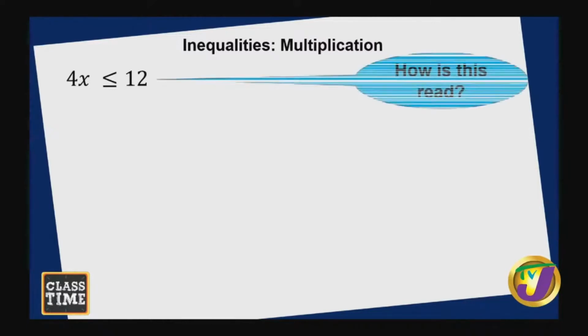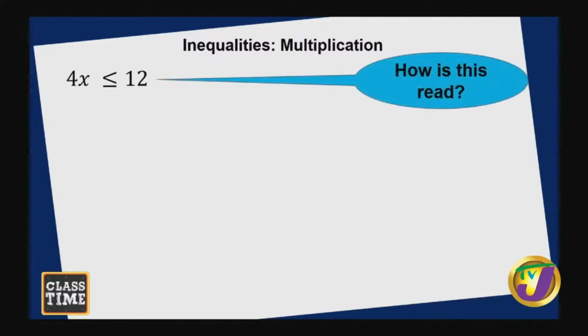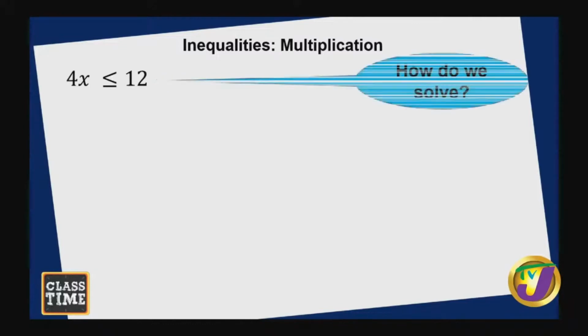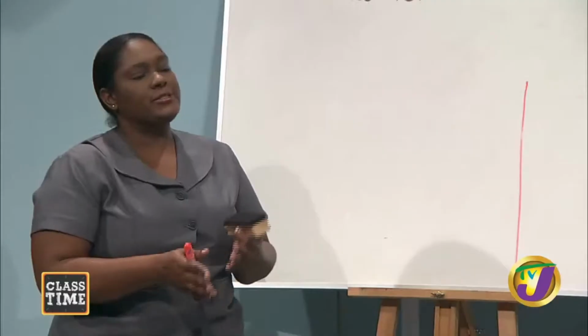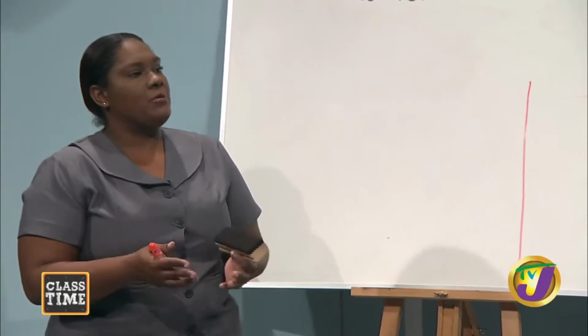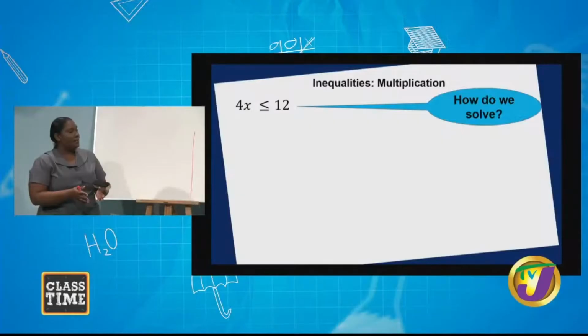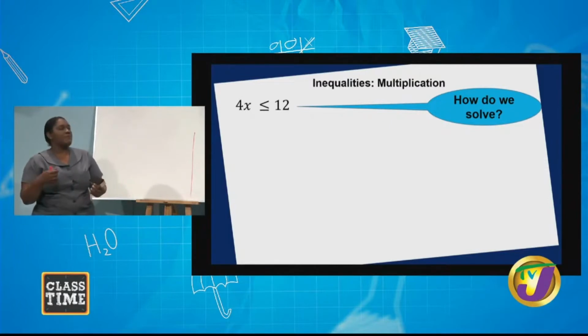Seeing that we are linking to solving equations, we will take this as another inequation similar to what we would have done before. We must observe that 4x is saying the same thing as 4 multiplied by x, and 4 multiplied by x is less than or equal to 12 in this case.